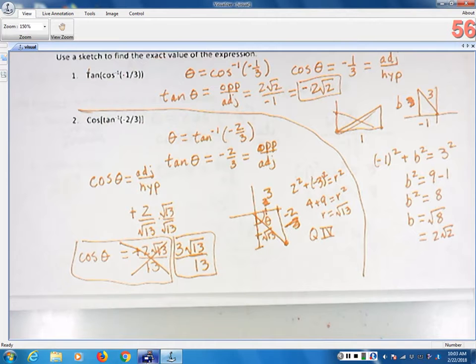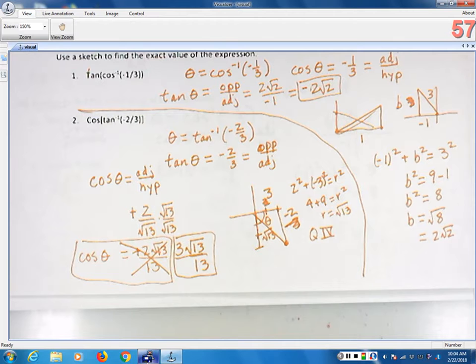So you have adjacent, and then you found where we go. You're getting two sides, so that's why it's the square root of 13.